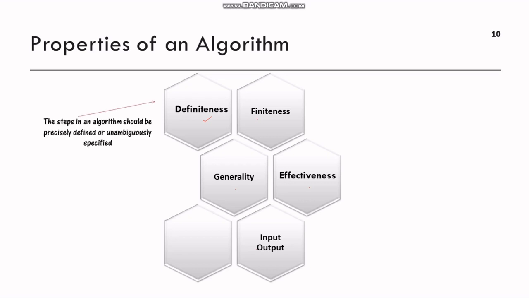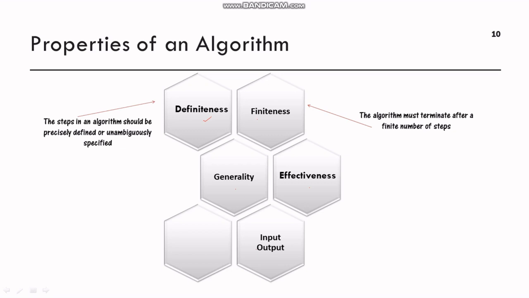The definiteness is that the steps in an algorithm should be precisely or unambiguously defined. That is, we should not have any confusion or unclear definition for the algorithm that we are using. Finiteness. The algorithm must terminate after a finite number of steps.